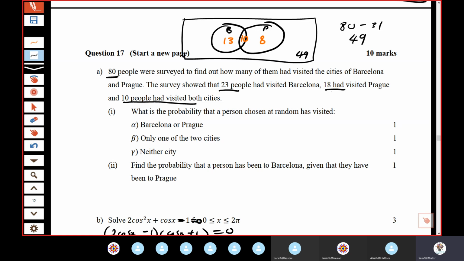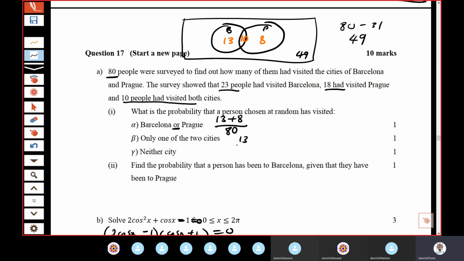So have a look. What is the probability that a person chosen at random has visited Barca or Prague? Barca or Prague, or not Barca and? So 13 plus 8 out of 80 people. Only one of the two cities.